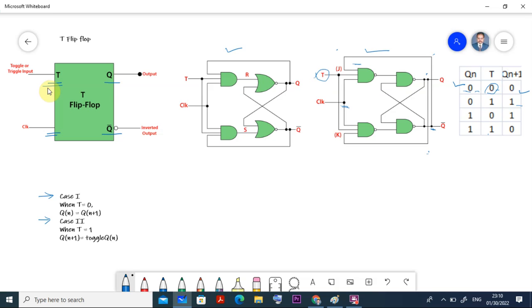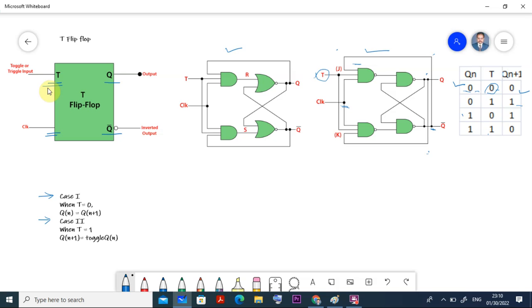Case 2 is when T is equal to 1. So you see, when T is equal to 0, Qn plus 1 is equal to Qn.